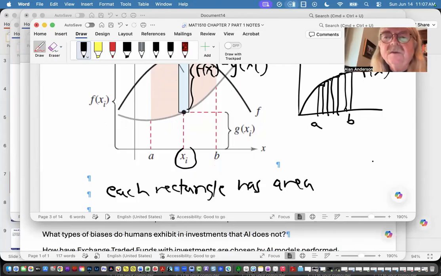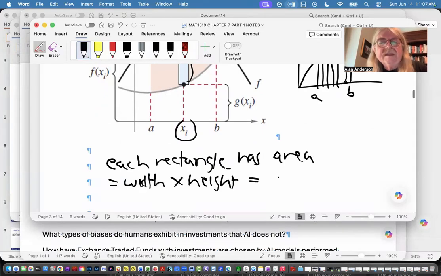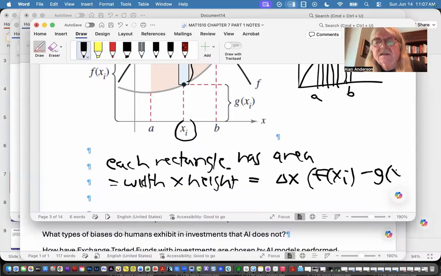So remember, it's just the width times the height. Which means delta x f of xi minus g of xi. And of course, if we add them all up, we'll get the approximate area between the two curves.